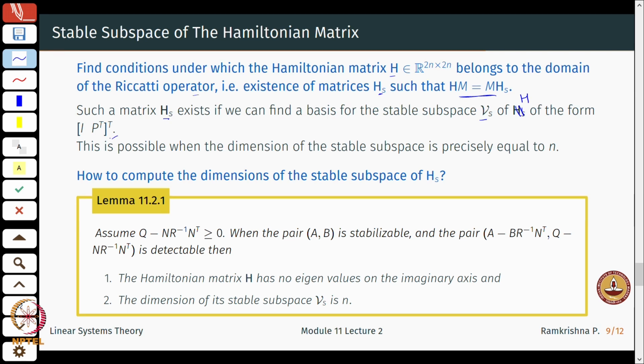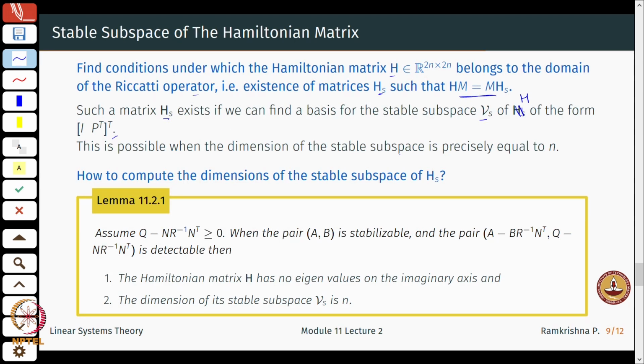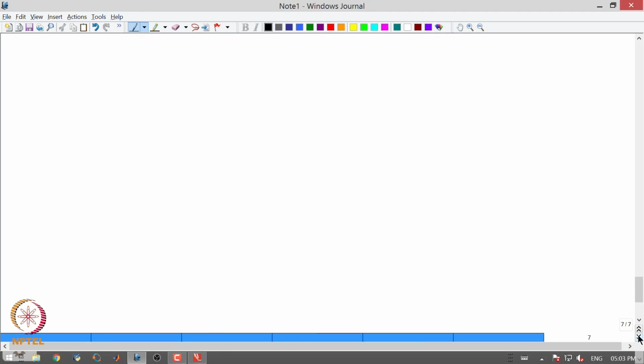So, it was here, this one, I need to find something like this. What did I prove here is if I can find something like this, then this relation holds. Now, I will ask a question: when can I find some relation like this? Okay. This is possible, and we will see that shortly, when the dimension of the stable subspace is precisely equal to n. Let us see how that looks like, some small computations will show that.